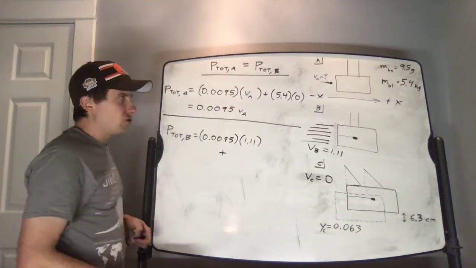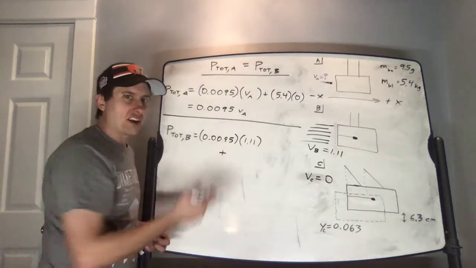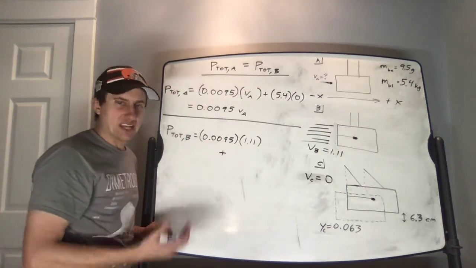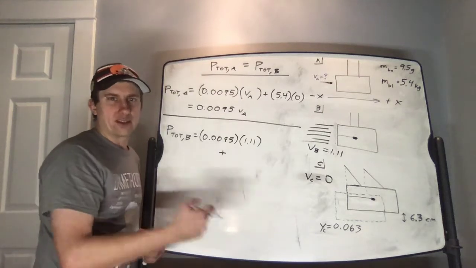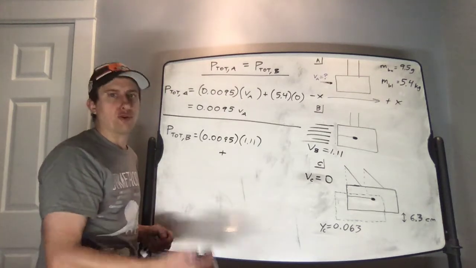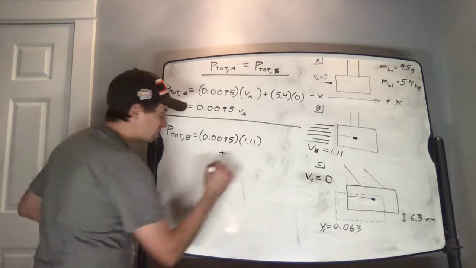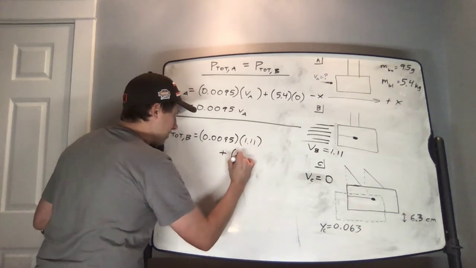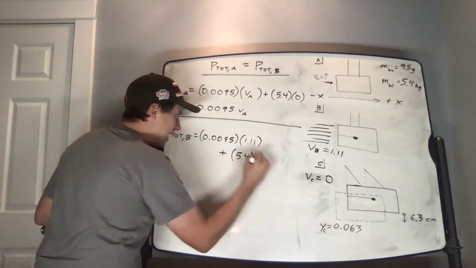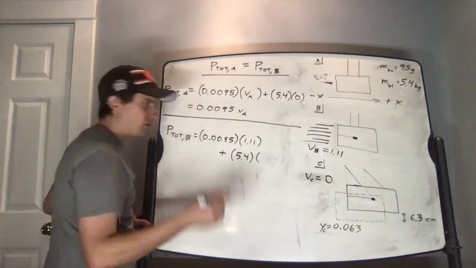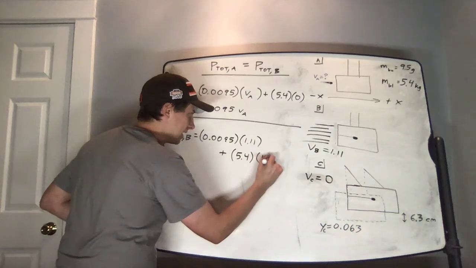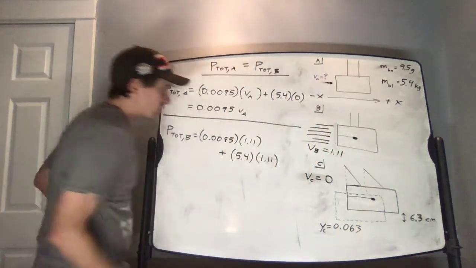We will assume to a very good approximation that the mass of the block did not significantly change. The block was burned a little bit, there were a few wood fibers broken, but we'll assume the mass did not really change, so the mass is still 5.4 kilogram, and the block is moving also with a velocity of 1.11 meter per second in the positive x direction.